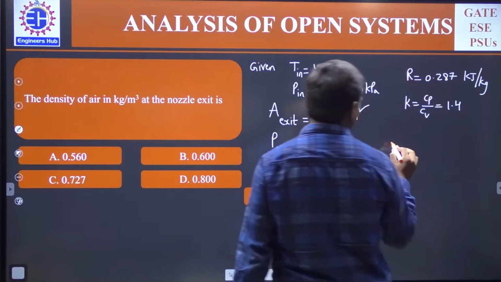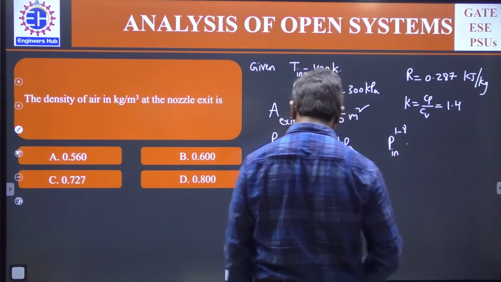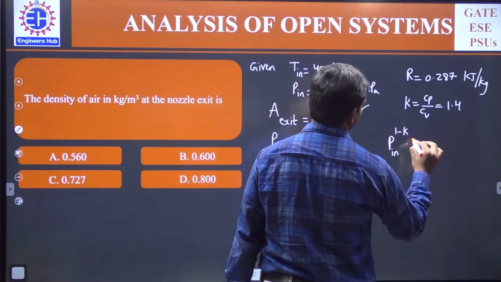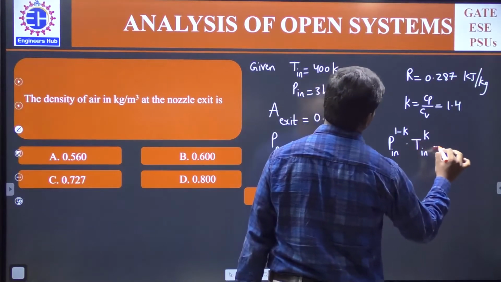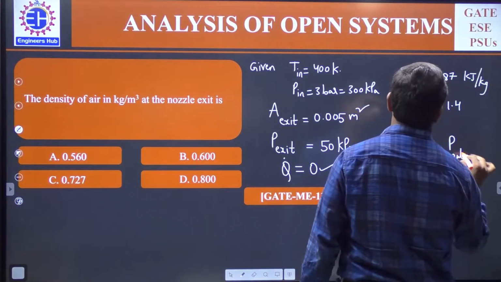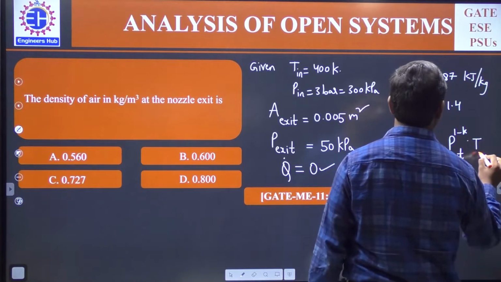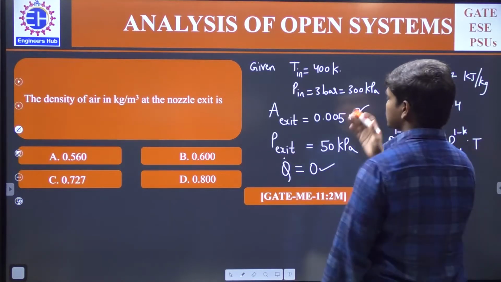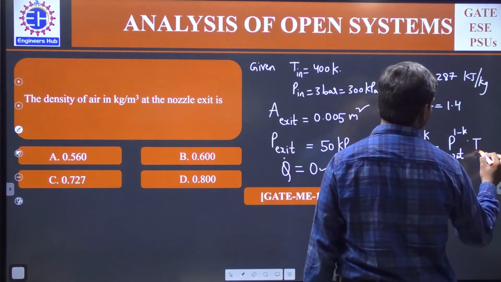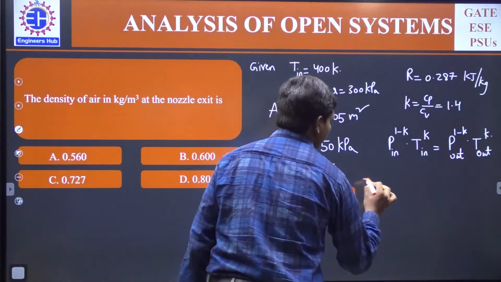P in power 1 minus K into T inlet power K is equal to P out power 1 minus K into T out power K, since pressures are given. But we don't have the temperature at the exit. Let us find the temperature first, so we can calculate T out whole power K. So what is the expression for T out?